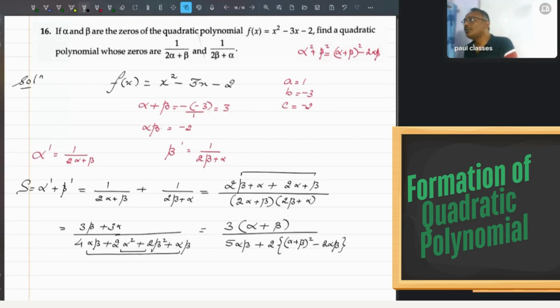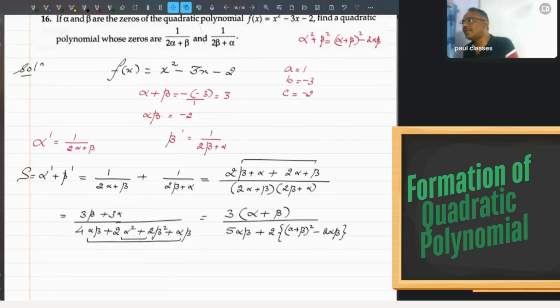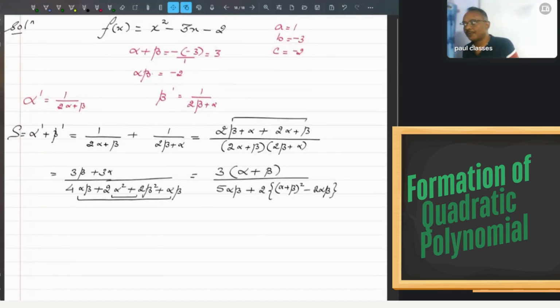Now you are in a position to write each and every value. What is the value of alpha plus beta? कहीं लिख के रखा है क्या? देखो ये अल्फा प्लस बीटा, देखो यहाँ पे लिख के रखा क्या है, 3. 5 alpha beta, do you know the value of alpha beta?